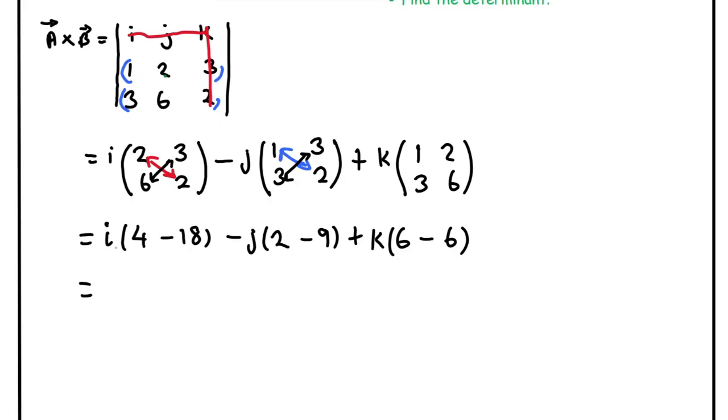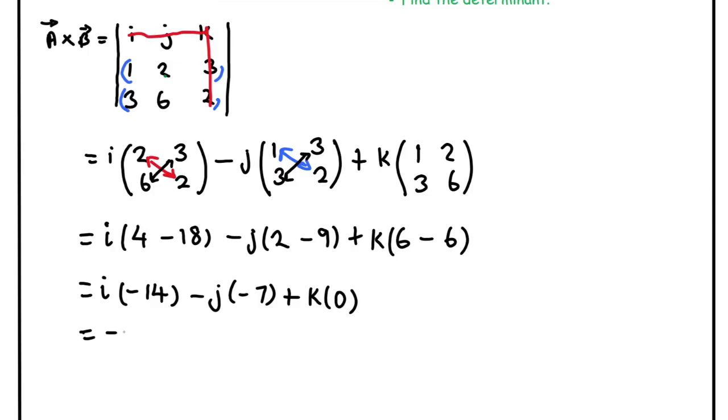This gives us I, open, 4 minus 18, this gives us negative 14, minus j, then 2 minus 9, that's negative 7, plus k, 6 minus 6, that gives us 0.